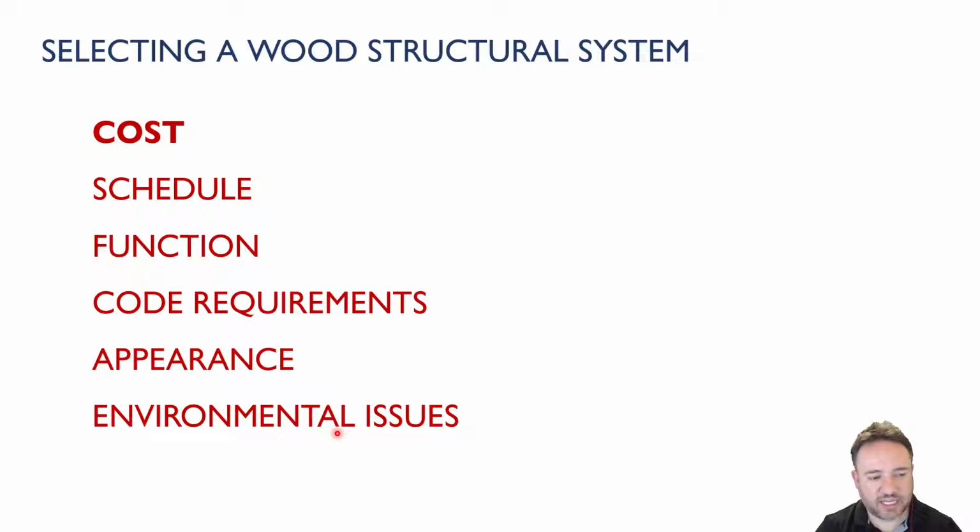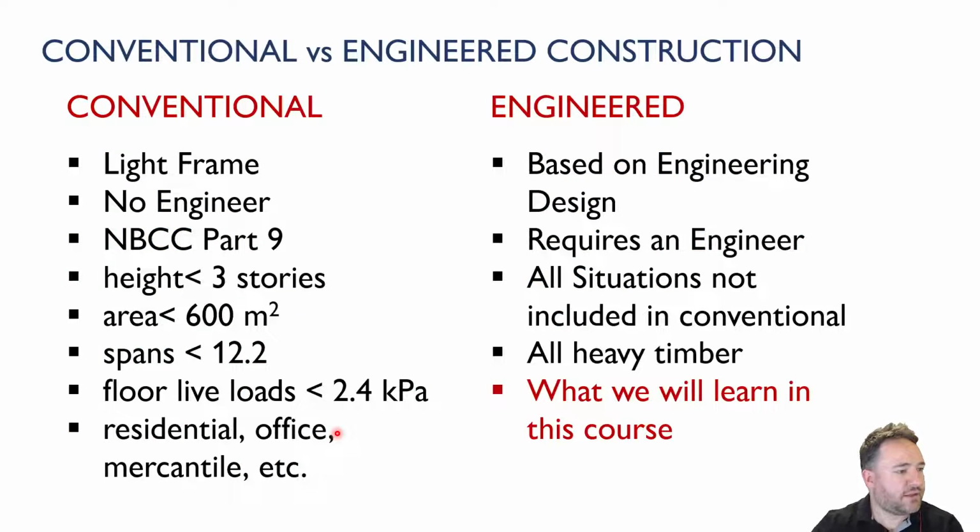But that process is getting easier and easier. Appearance is probably one of the big benefits in terms of using timber, as well as the sustainability implications, which have been covered in another video.